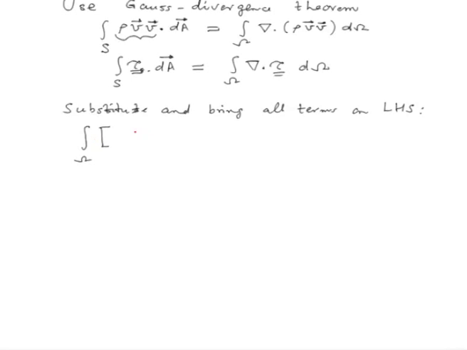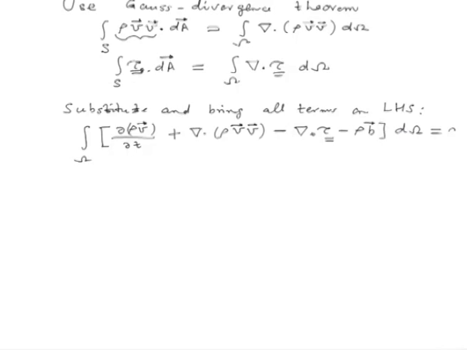The first term is del of rho v by del t, plus the second term, divergence of rho v v, minus divergence of tau, minus rho times b, d omega, equal to 0.